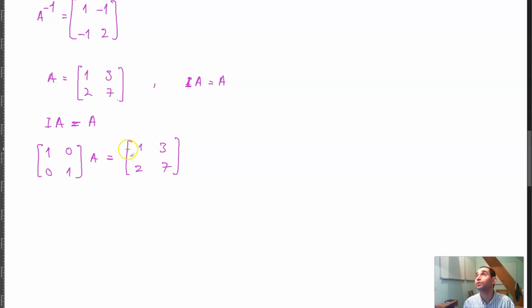Then what I will do is apply R2 becomes R2 minus 2 times R1.